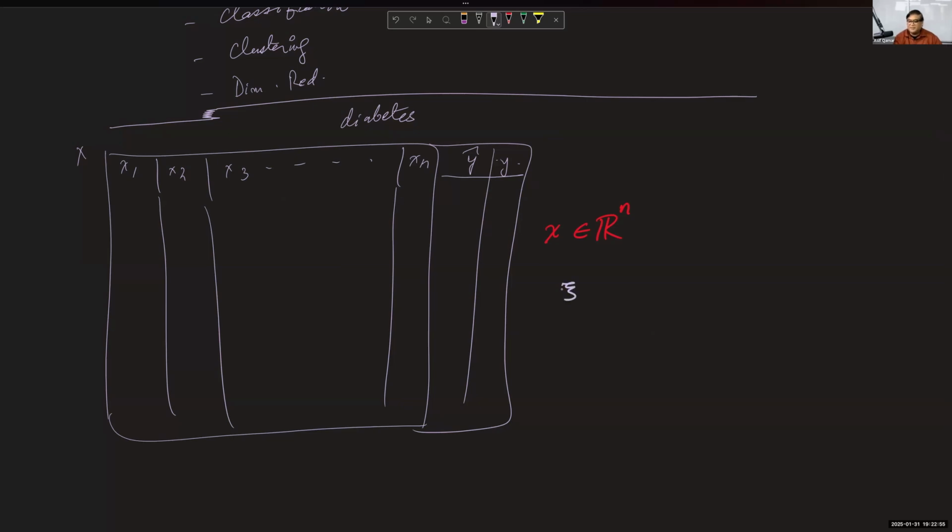Let me call it X prime, belonging to a dimensional space D, where D is significantly smaller than n, right?